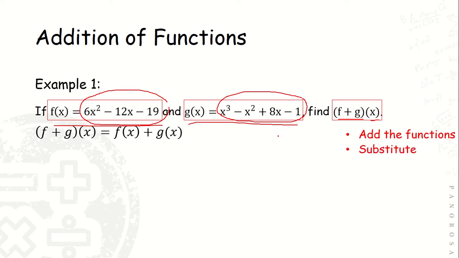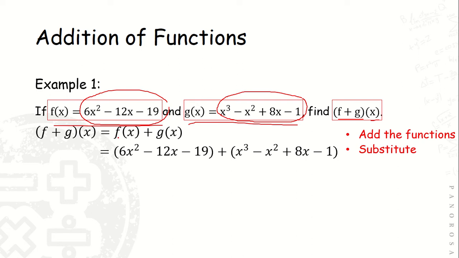First thing to do is to substitute the given function on our formula. F of x will be equal to 6x squared minus 12x minus 19, while g of x is equal to x cubed minus x squared plus 8x minus 1.